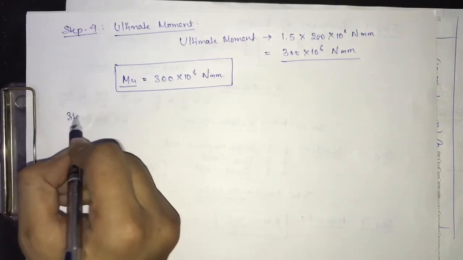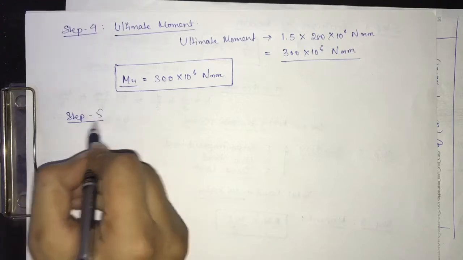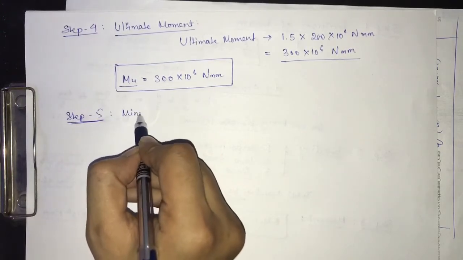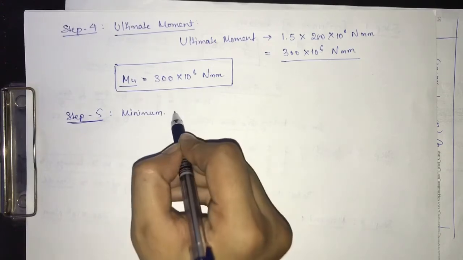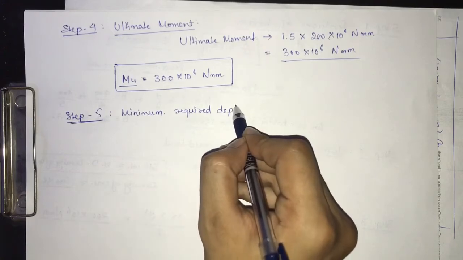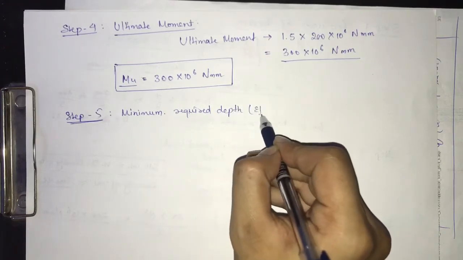Now going to step number 5, it is for minimum required effective depth.